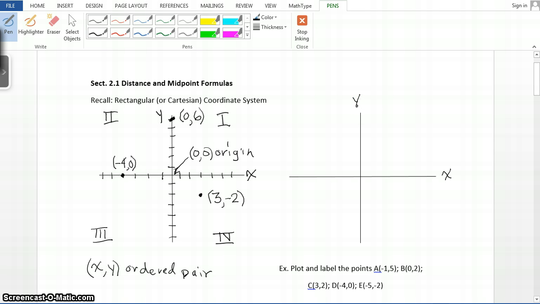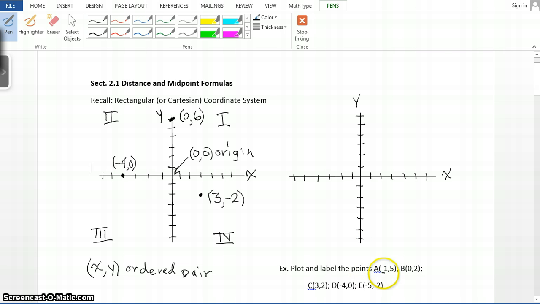Let's put some tick marks on here. When you're drawing these, try to make these equidistant apart so that your graphs are accurate.